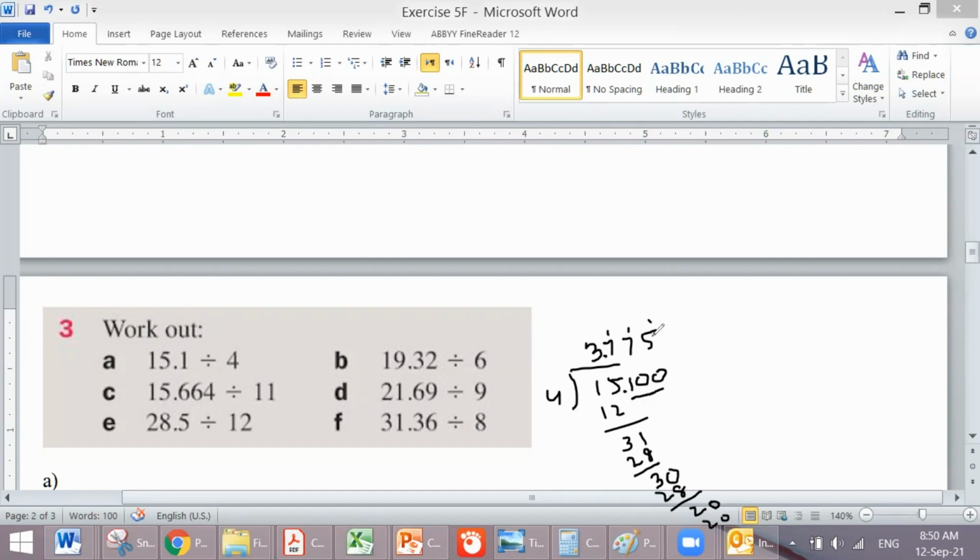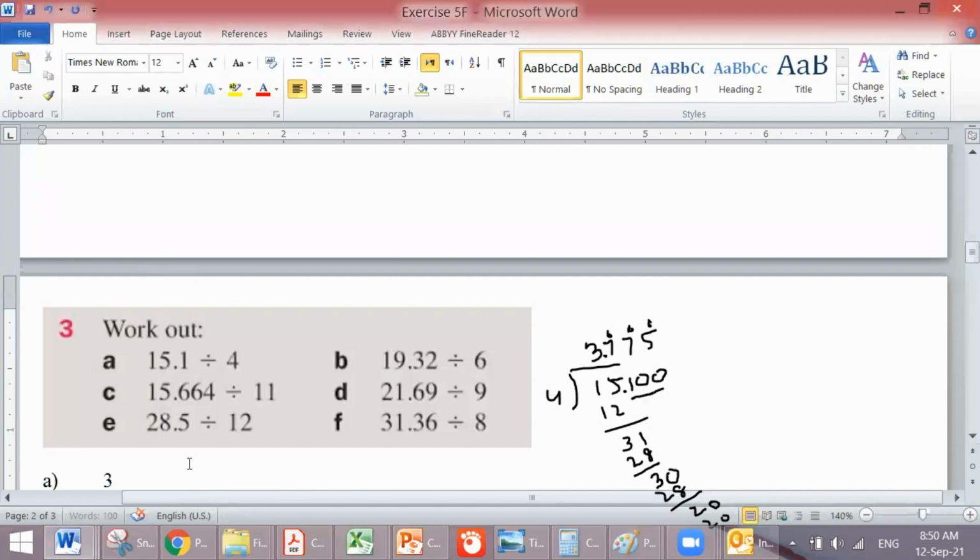So I have to count my value from right. So I will put my decimal point after 3 values, 1, 2, and 3. Then I will put this 3.775. Okay. So here I will write 3.775. Let me write 15.1 divided by 4 is equal to 3.775.